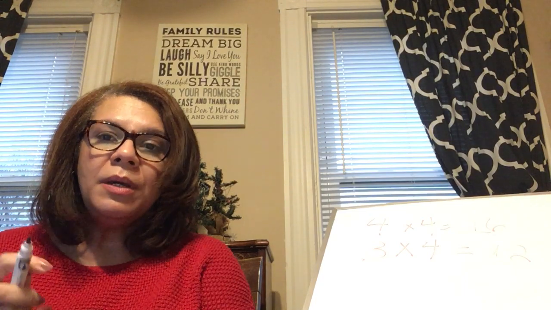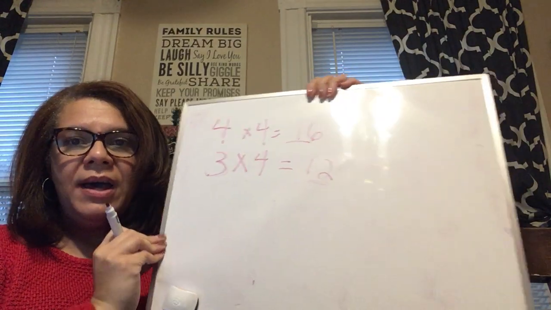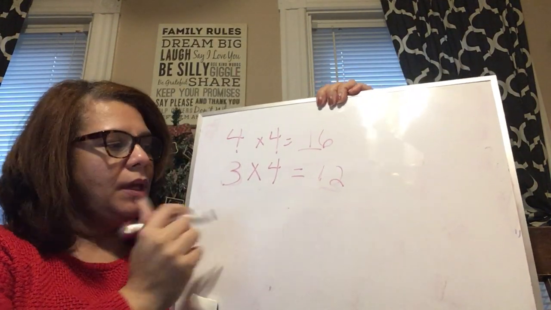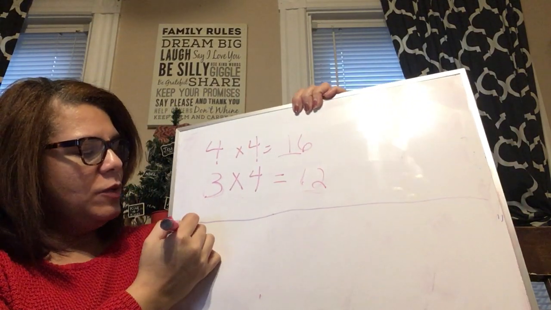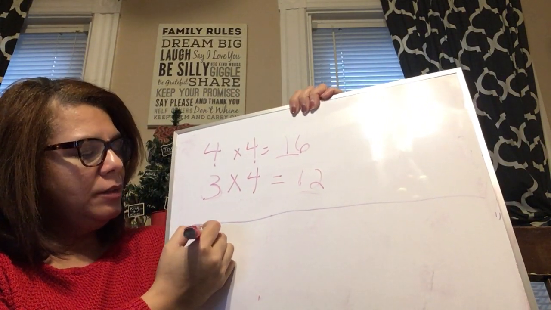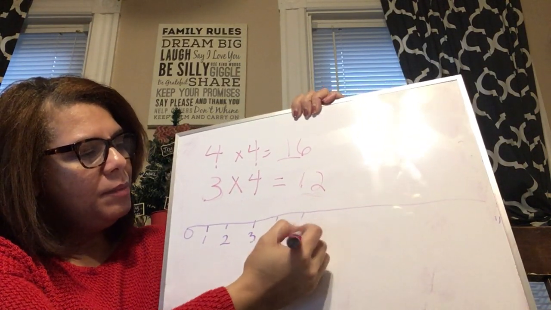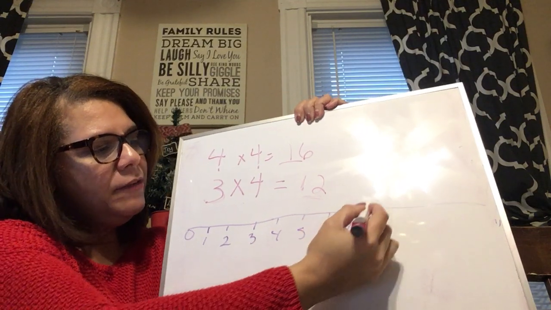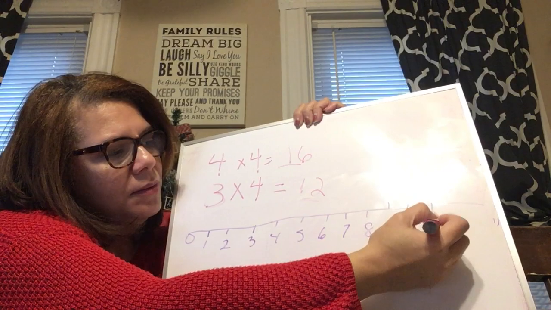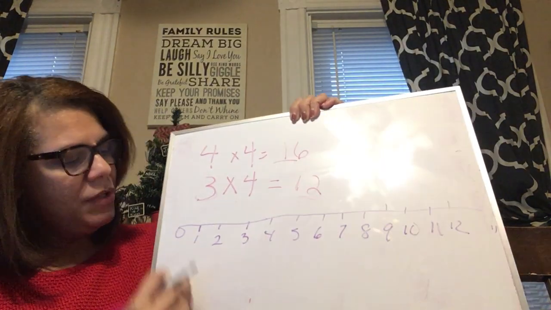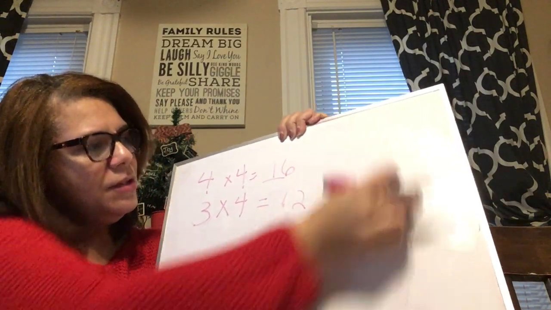How can we use a number line to show 3 times 5? Okay, so let's do a number line. And of course we start at 0, 1, 2. Just gonna go ahead and make my number line. I hope I left enough space to actually be able to do it. Nope, let me start again. Space these up a little bit better so that I have enough space.